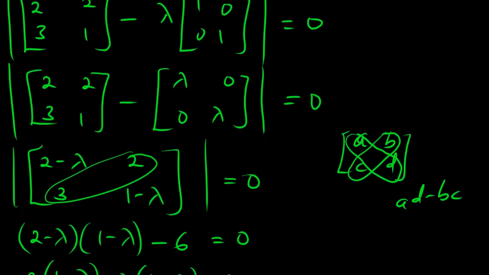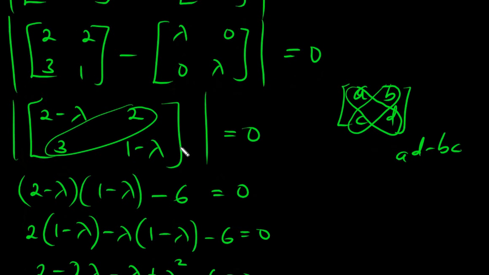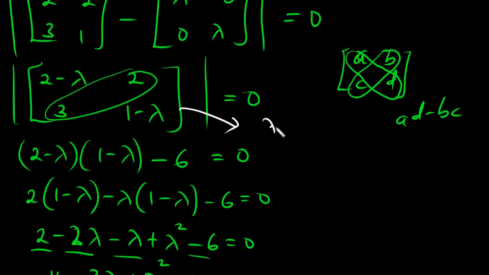Okay, so we can go back here, and we can substitute the values of lambda. Let's start with lambda is equal to -1. So we are going to replace lambda with -1.